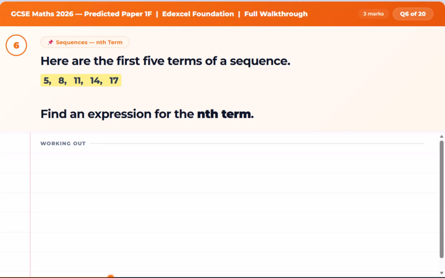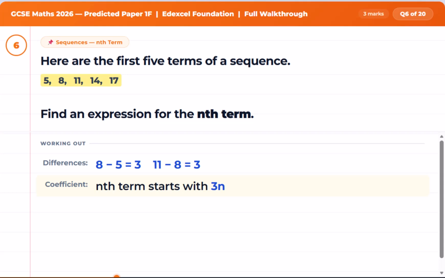Here are the first 5 terms of a sequence: 5, 8, 11, 14, 17. Find an expression for the nth term. Find the difference between consecutive terms. It is 3 each time, a constant common difference of 3.